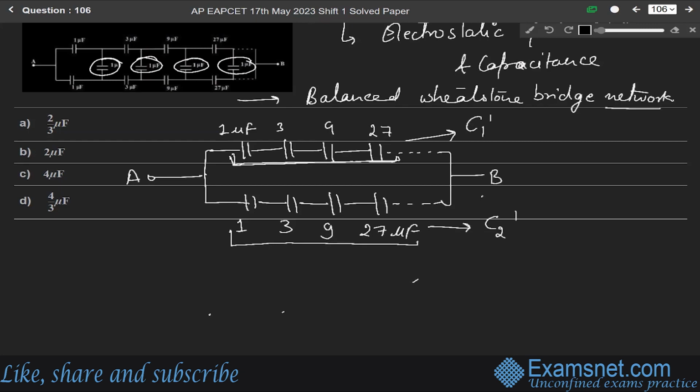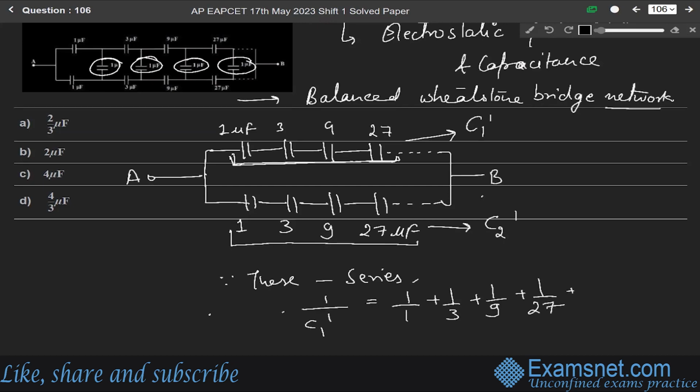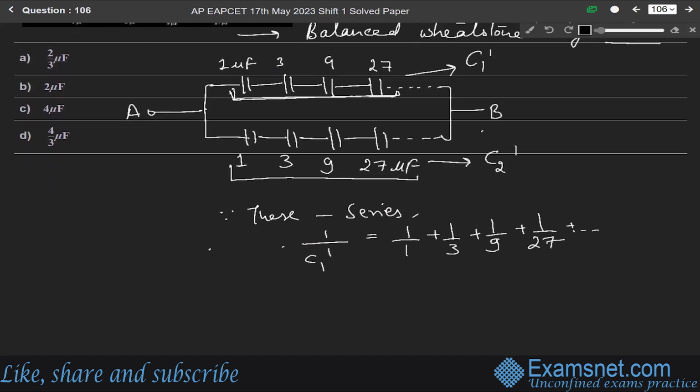So for C1 dash, since these are connected in series, 1 over C1 dash will be equal to 1 over 1 plus 1 over 3 plus 1 over 9 plus 1 over 27 up to so on. So it is like this: 1 over 1 plus 1 over 3 plus 1 over 3 square plus 1 over 3 cube up to so on.